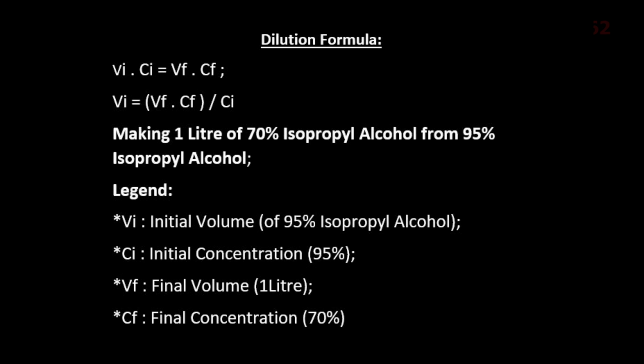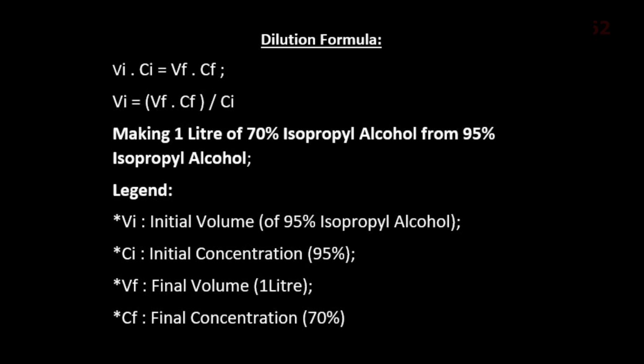In this case, the initial concentration of our concentrated alcohol is 95%. Vf stands for final volume. We are making 1 liter during this manufacturing session, so our final volume is 1 liter. Cf stands for final concentration, the concentration that you wish to obtain. In this case, it's 70%.